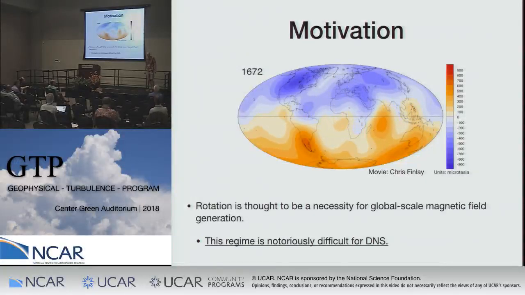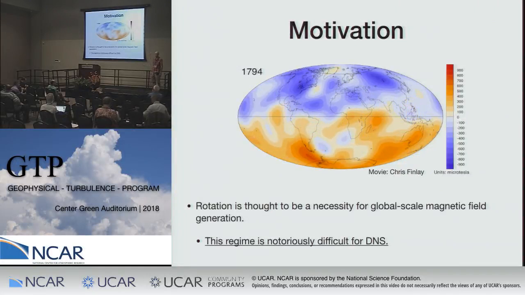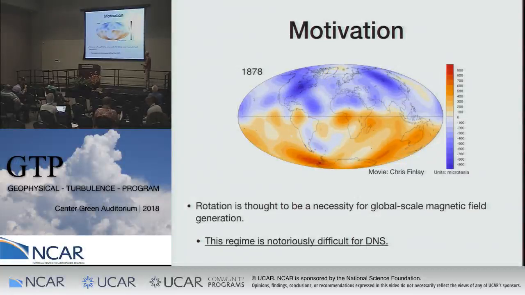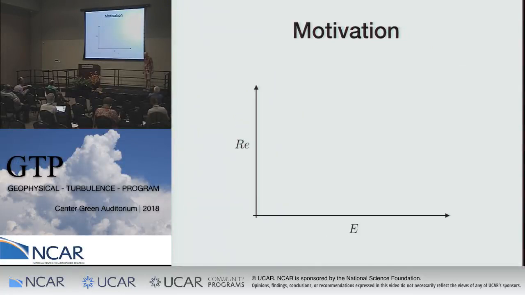But this is a regime that is notoriously difficult to study with direct numerical simulations, which has been a constant theme throughout this workshop. We can understand this a little more in our dimensionless parameter space. On the vertical axis, I'm showing the Reynolds number, and on the horizontal, the Ekman number.